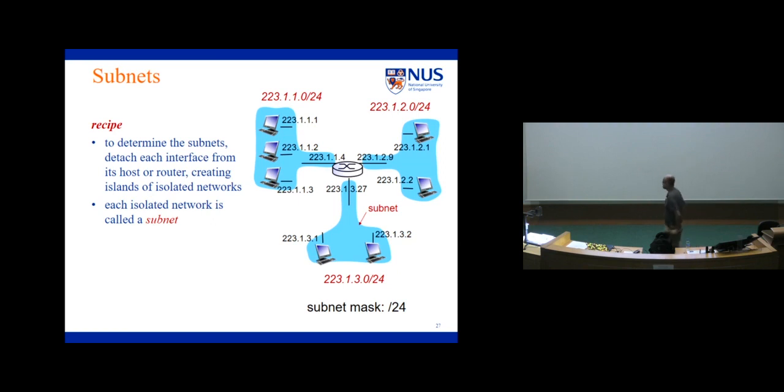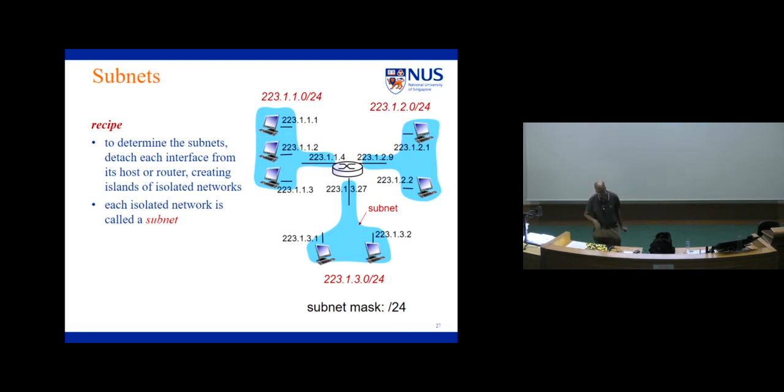And what we say is that a certain number of the first bits of the IP address will be constant for all the hosts or all the interfaces within the subnet. And this is called the subnet ID. And the last few bits, which vary between every interface, are the host ID. Right? So let's talk about how we can.